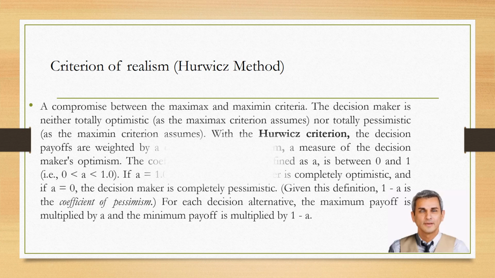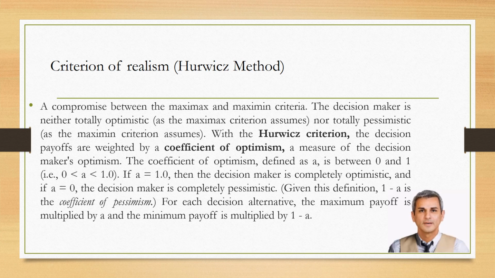The criterion of realism, another name for which is the Hurwicz method, is a compromise between the max-i-max and max-min criteria. The decision maker is neither totally optimistic, as the max-i-max criterion assumes, nor totally pessimistic, as the max-min criterion assumes. With the Hurwicz criterion, the decision payoffs are weighted by alpha, the coefficient of optimism, a measure of the decision maker's optimism. The coefficient of optimism, alpha, is between 0 and 1. If alpha equals 1.0, the decision maker is completely optimistic, and if alpha equals 0, the decision maker is completely pessimistic.